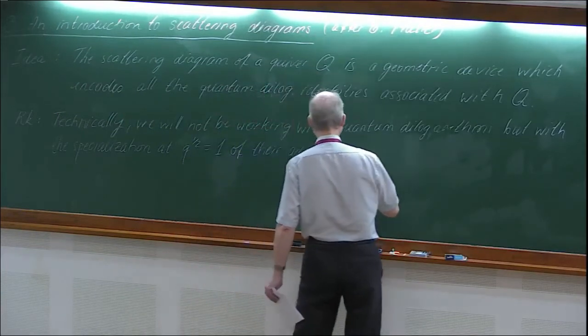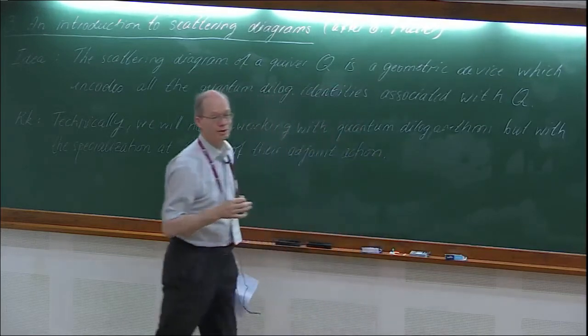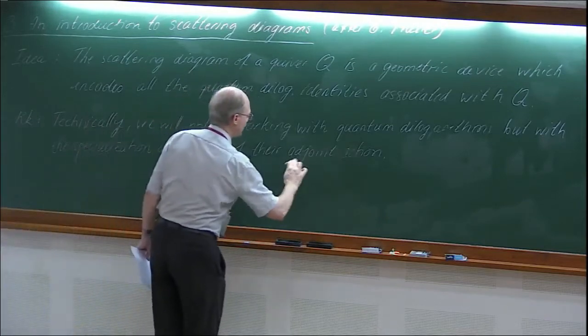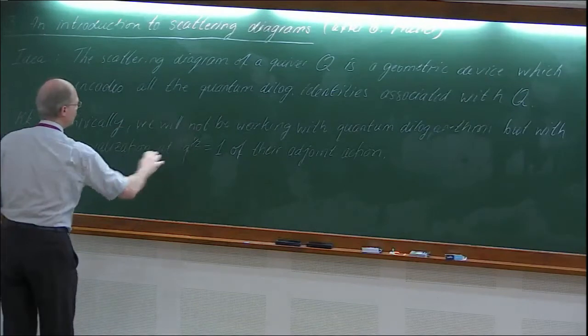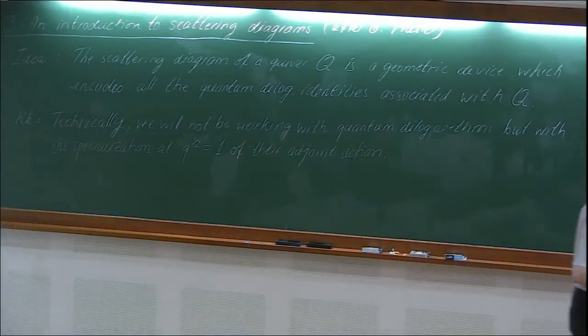The quantum dilogarithm itself does not specialize well at 1, because in the denominator of the coefficients there are terms q minus 1, but the adjoint action specializes without any problems, and that's what one uses. Okay.